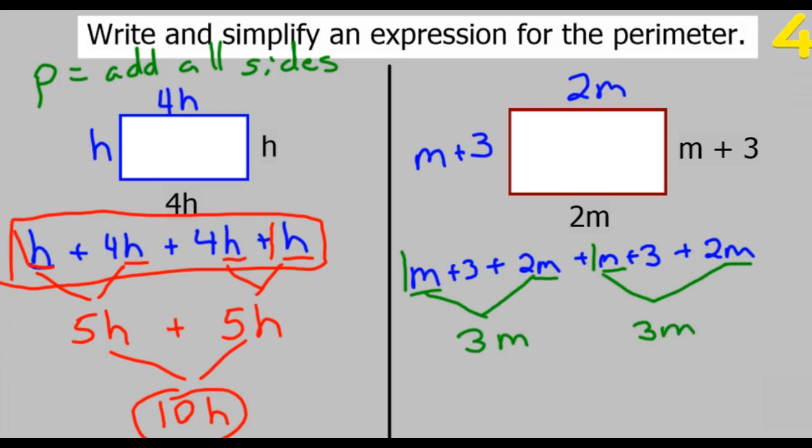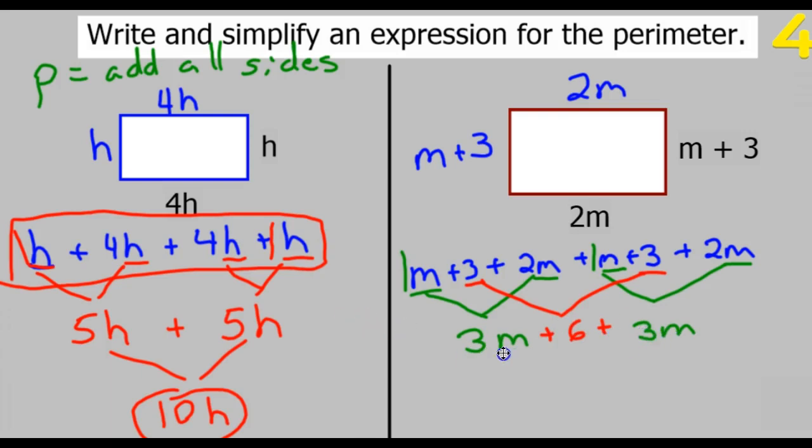Now I'm looking to see if I have any other like terms. Well, I see that I have 2 3's. So I can take those and combine them. 3 plus 3, that's 6. So now I have 3m plus 6 plus 3m.